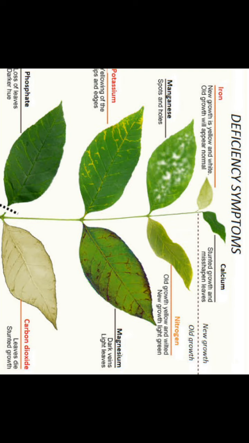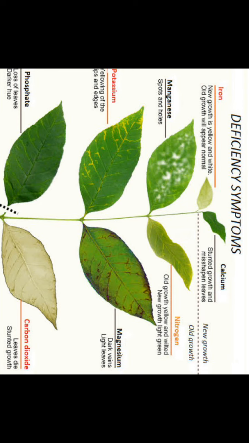These morphological changes are indicative of certain element deficiencies and are called deficiency symptoms. So the deficiency symptoms vary from element to element and they disappear when the deficient mineral nutrient is provided to the plant.